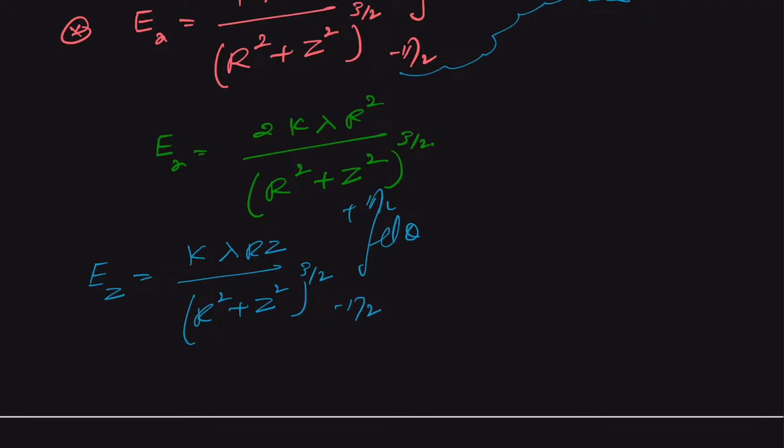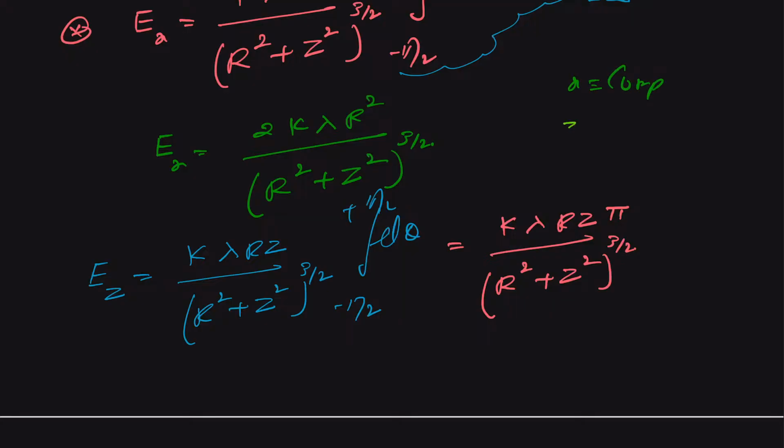So this gives us k lambda r z multiplied by pi, and the denominator will be r square plus z square to the power 3 by 2. So we are only having two components, the x component and the z component. Our y component is balanced out. So we have to remember this thing.